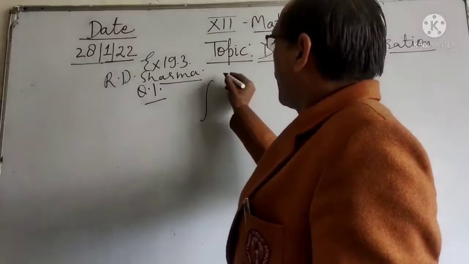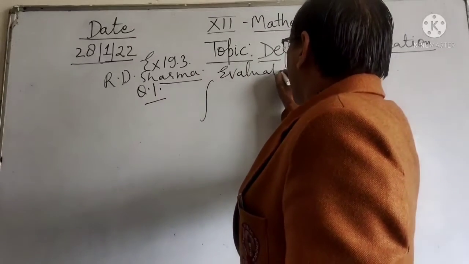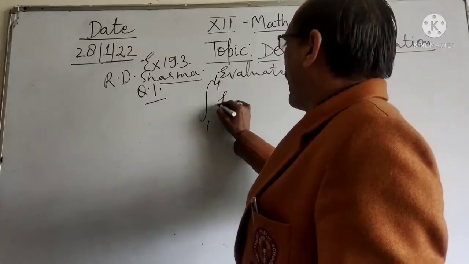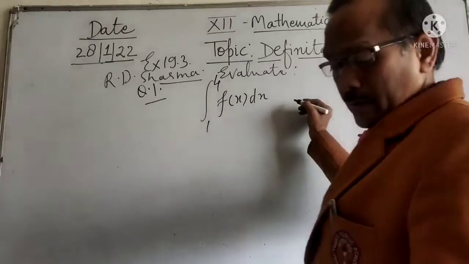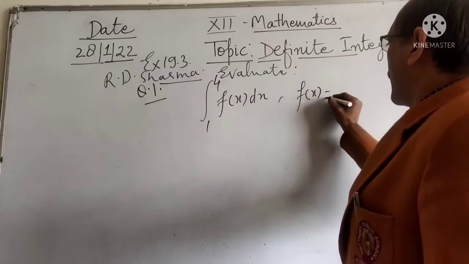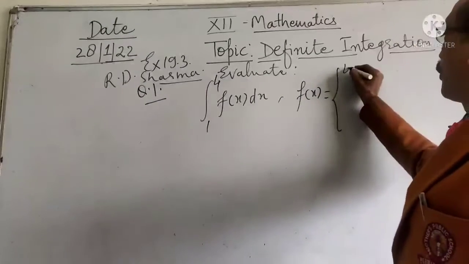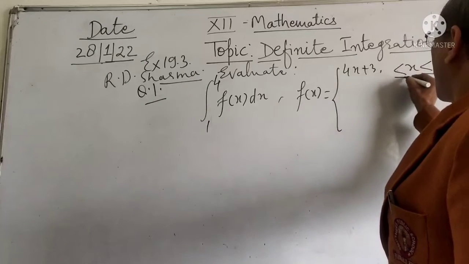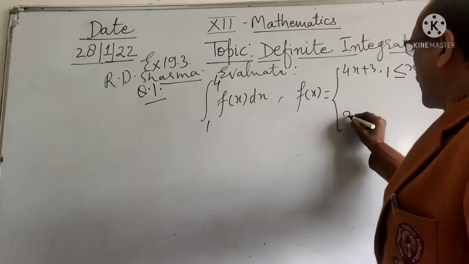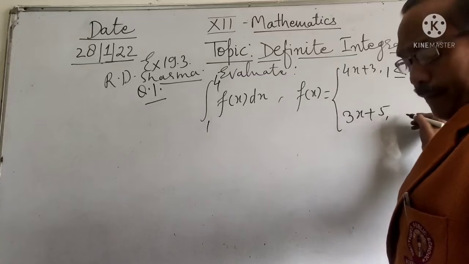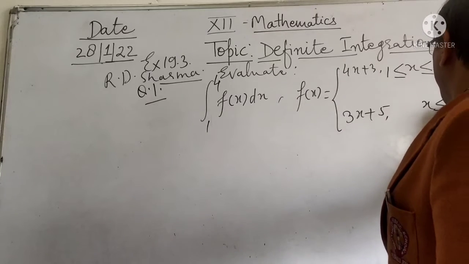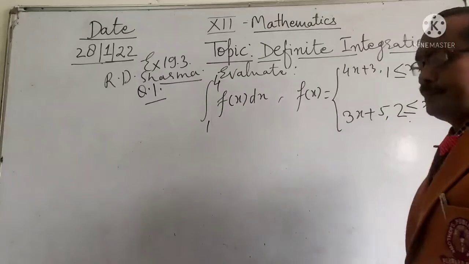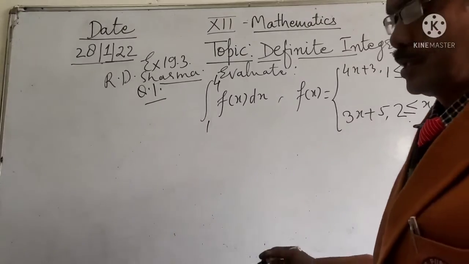The question is: evaluate the integration 1 to 4 f(x) dx, where the function f(x) equals 4x plus 3 when x is greater than 1 and less than or equal to 2, and it is 3x plus 5 when x is greater than or equal to 2 and less than or equal to 4. See the solution.